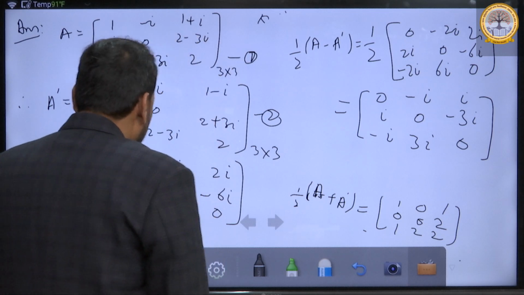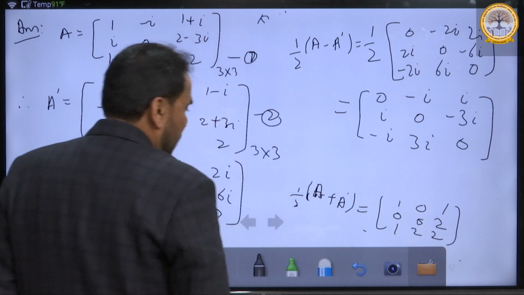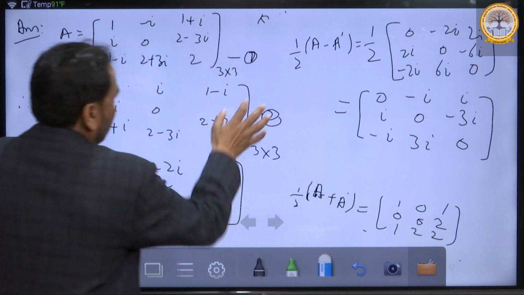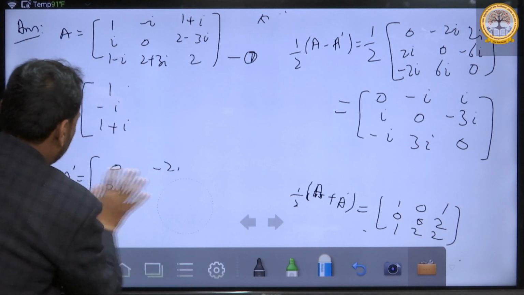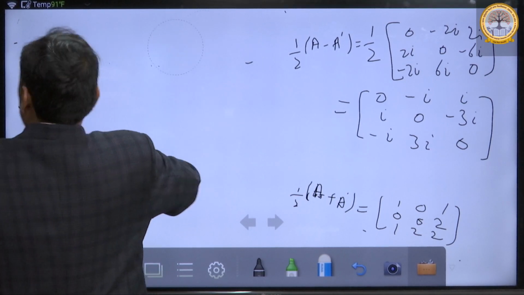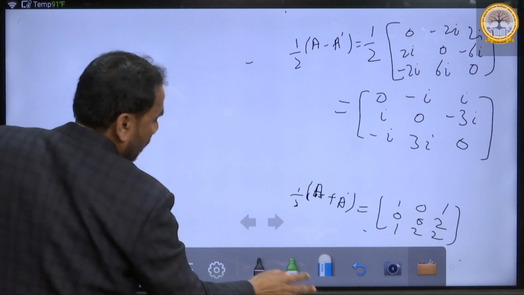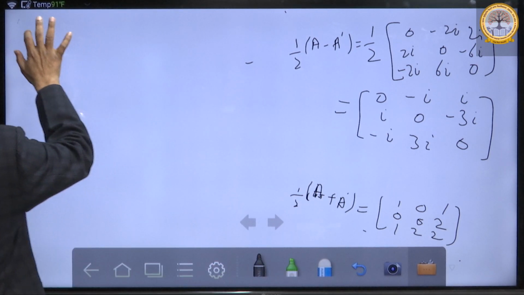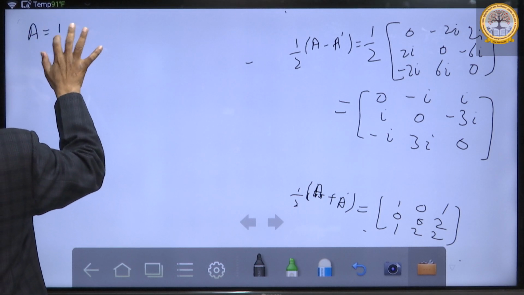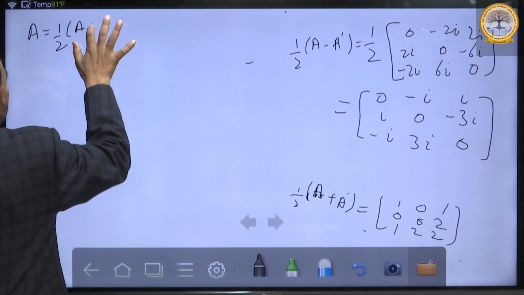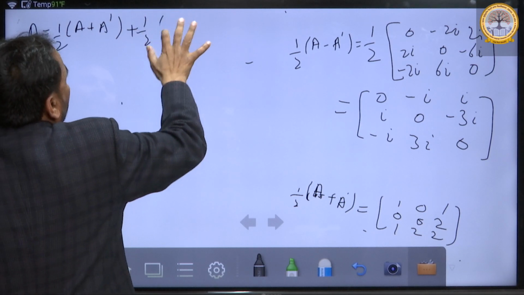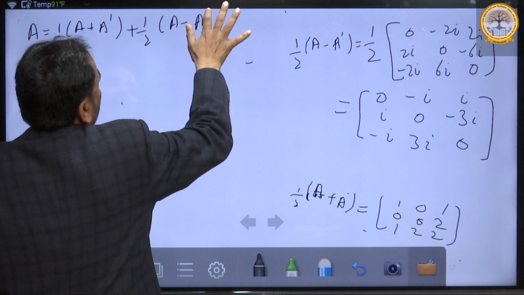So we put these two matrices in the formula A = 1/2 (A + A dash) + 1/2 (A - A dash).